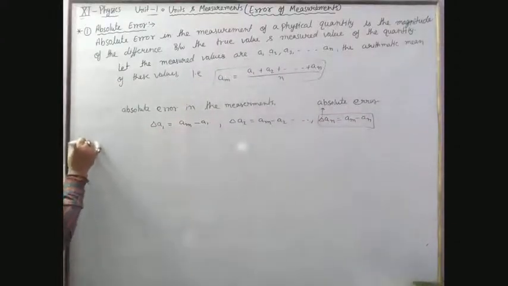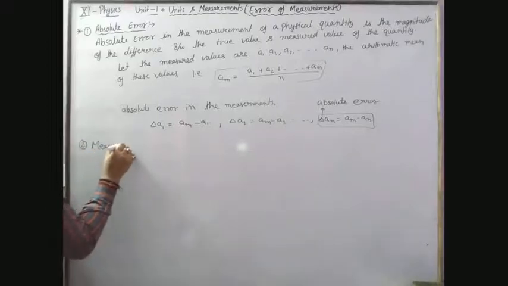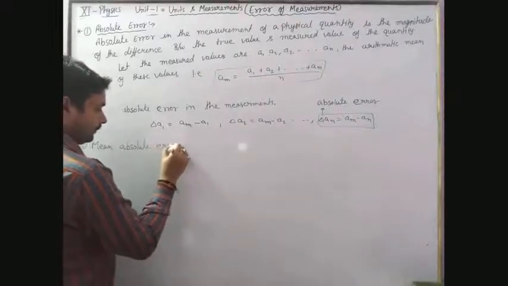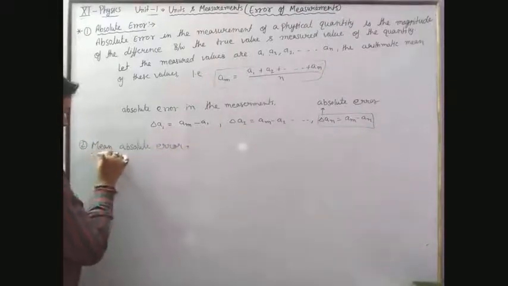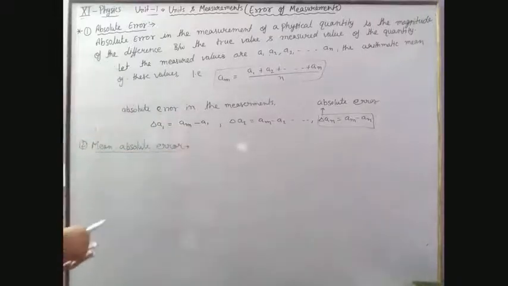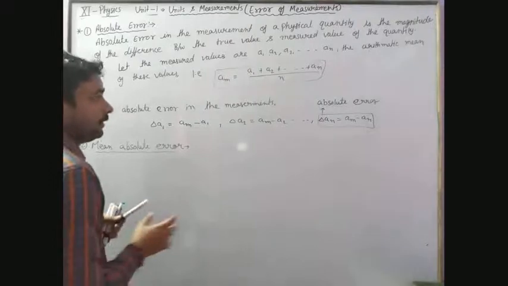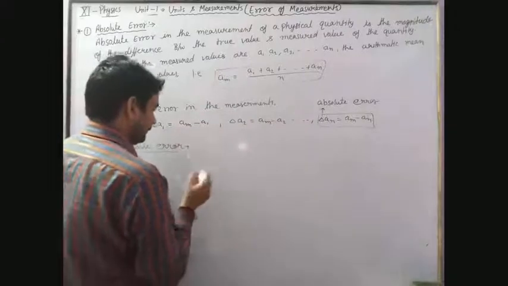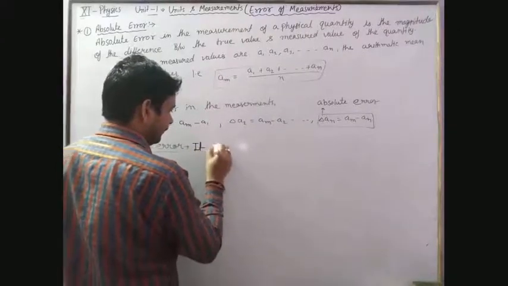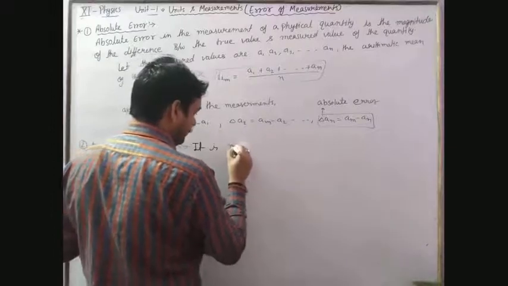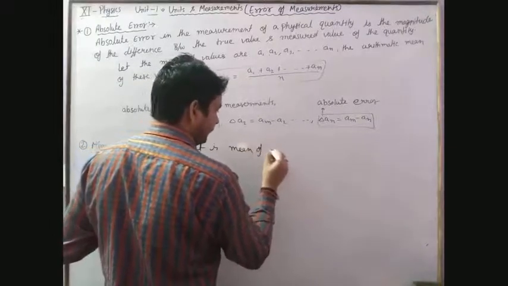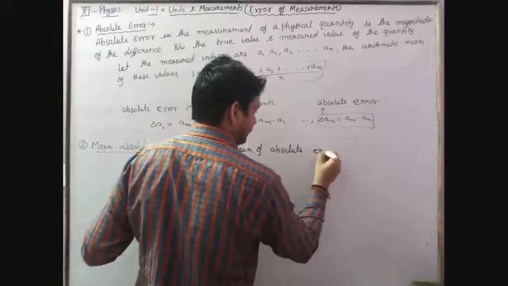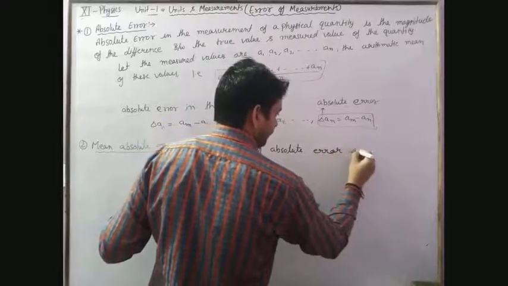Second, we have the mean absolute error. It is simply defined as the arithmetic mean of the absolute errors in the measurement.